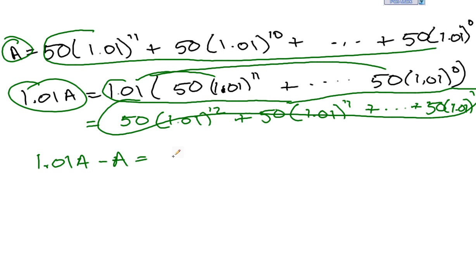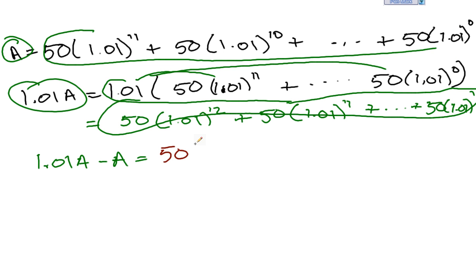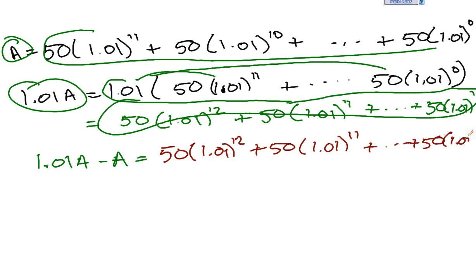So what I would get is 50 times 1.01 to the 12th power, plus 50 times 1.01 to the 11th power, plus all the way down to 50 times 1.01 to the first power.